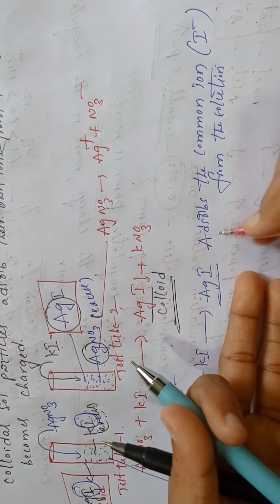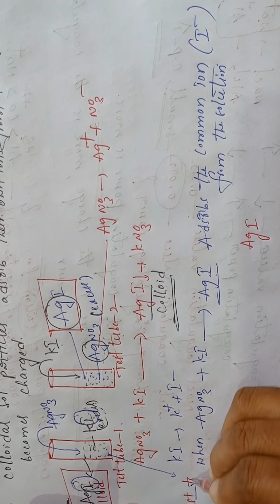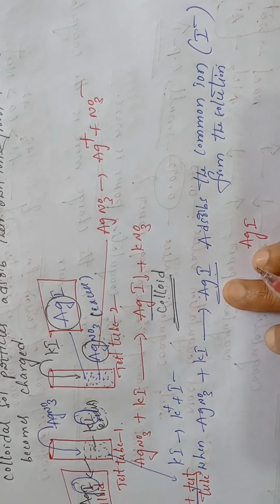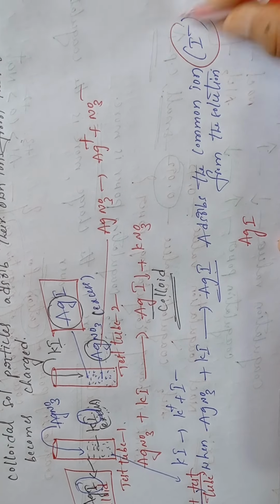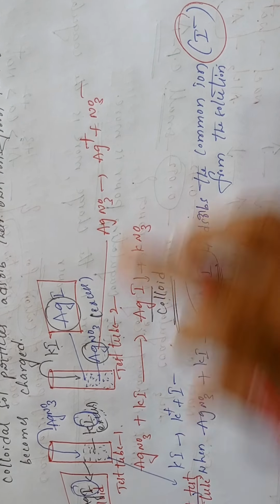So here I am taking AgI in the first test tube. AgI is absorbing the common ion, which is I minus.